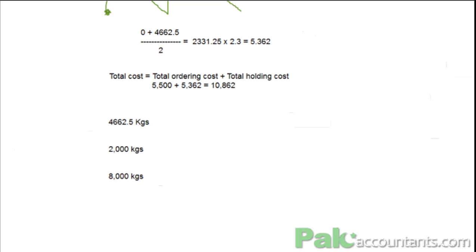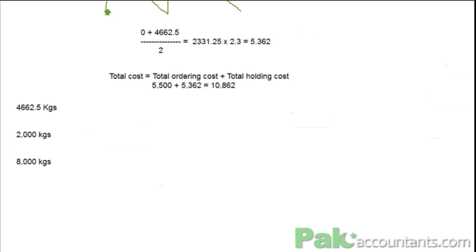Yeah, okay, let's do it. Let's do it together. For 2,000 kgs level, your total ordering cost will be 50,000 divided by 2,000 equals 25 orders you will have to place.